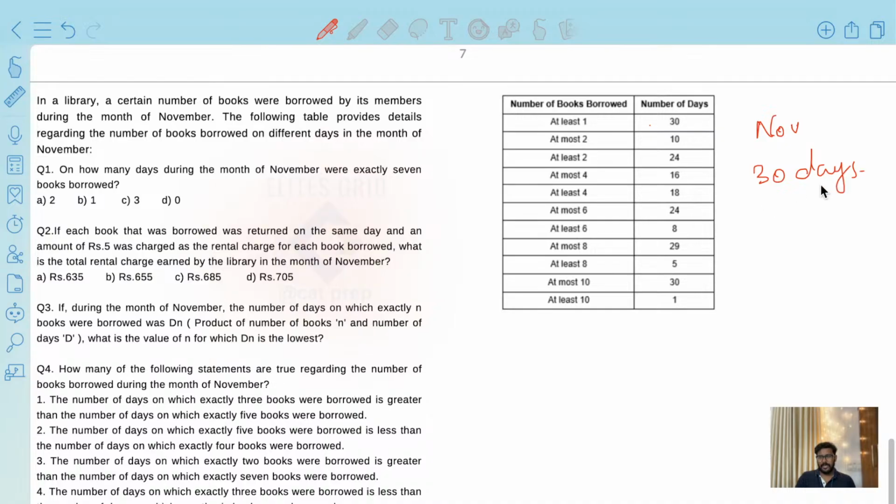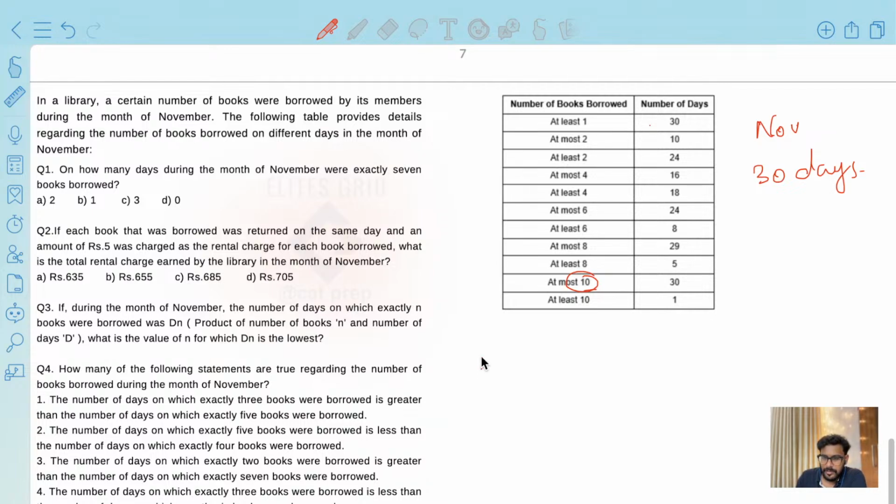So on every day, at least one book is borrowed. Okay, now I got it. So at least, and a maximum at most of 10 books in all these 30 days.